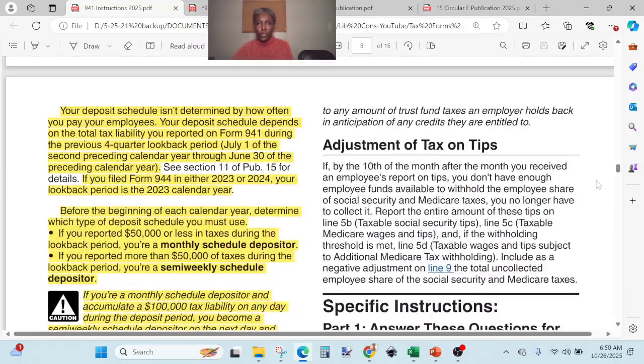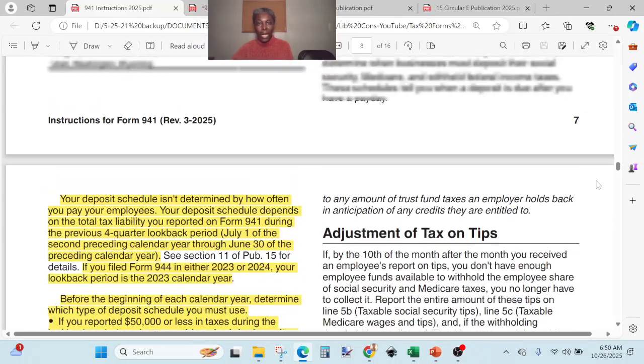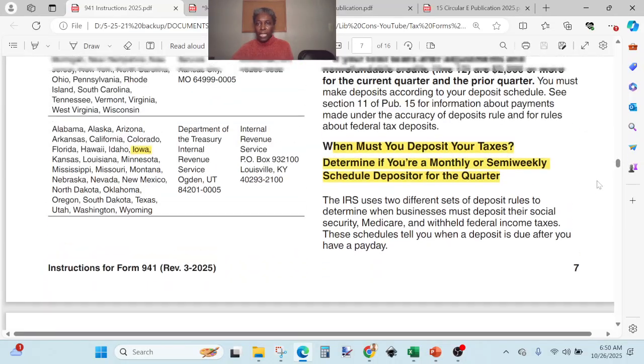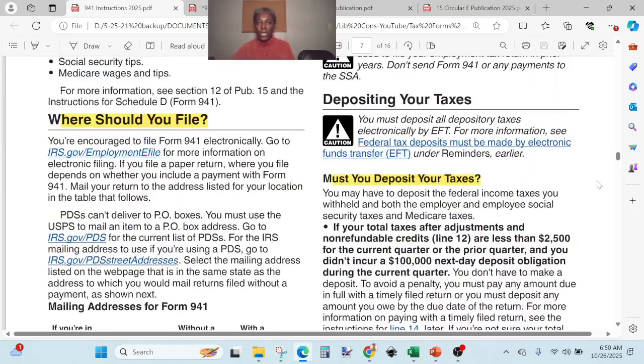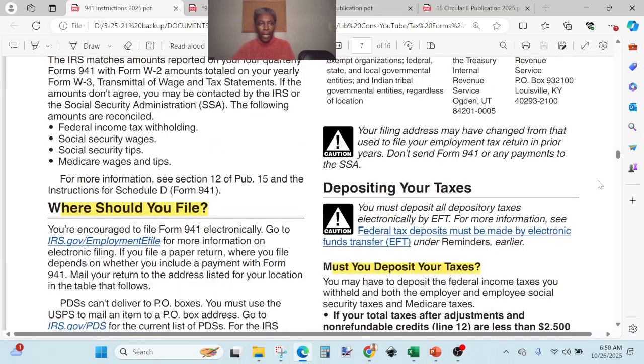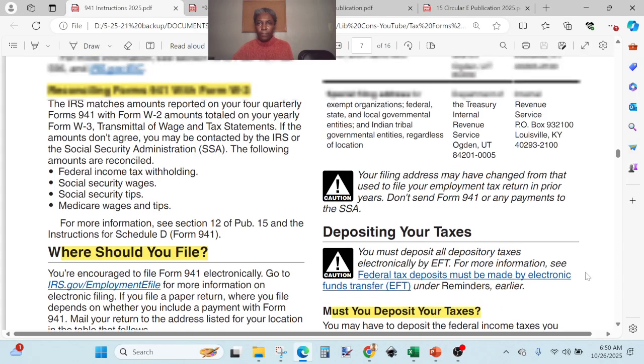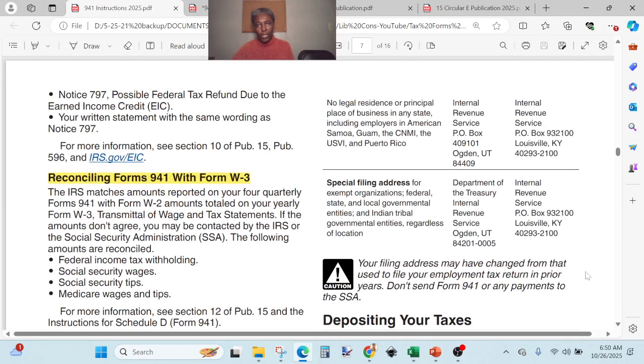There is an option to file this online as well, and I believe the IRS website has the list of those companies that you can file through, so that it's faster.